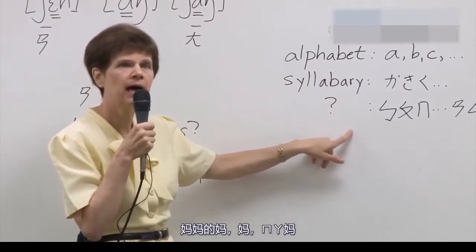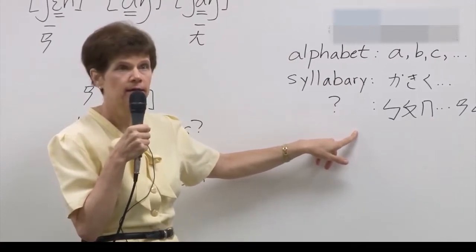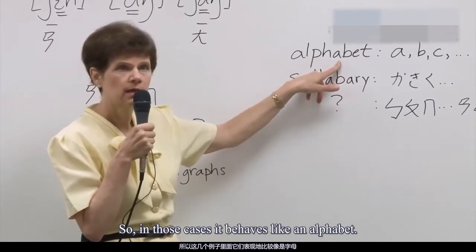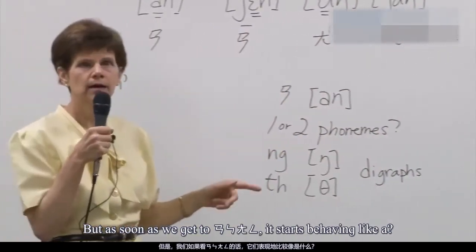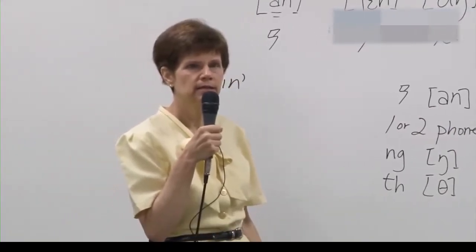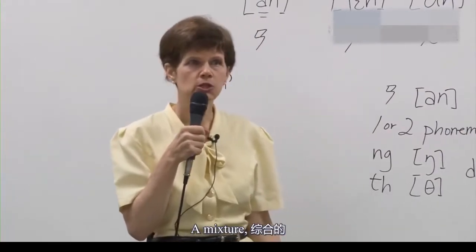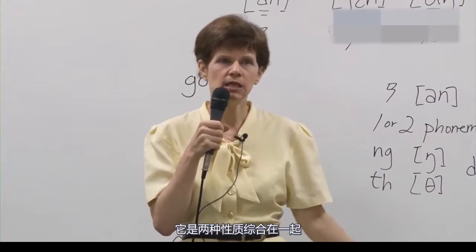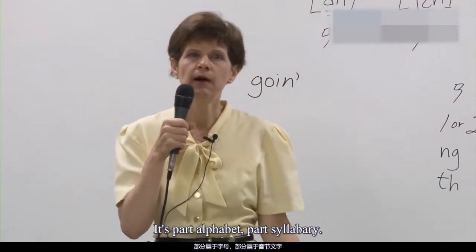Ma, ma, da, ma, m, a, ma. 2 symbols, 2 phonemes, right? So in those cases, it behaves like an alphabet. But as soon as we get to an, it starts behaving like a syllabary. So what are we going to call 注音符号? A mixture. 综合的。它是两种性质综合在一起。So it is a mixed system. It's part alphabet, part syllabary.